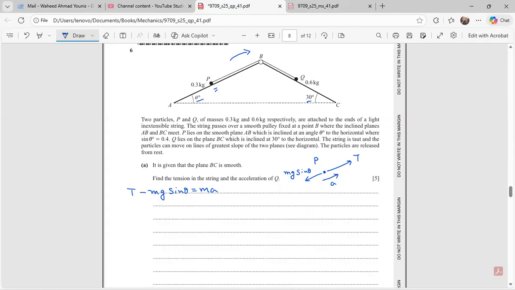So T minus, mass is 0.3 kg, g I'm using as 10, and theta is not known, but sine of theta is given as 0.4, times 0.4 equals m, again 0.3, into a.